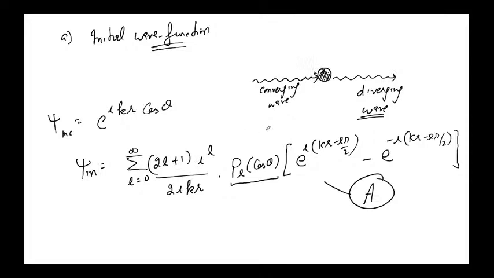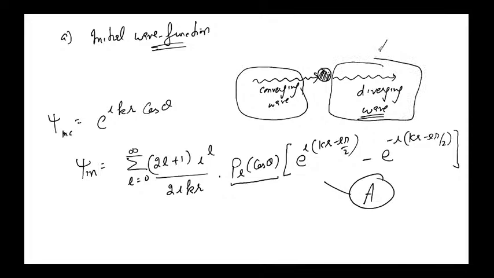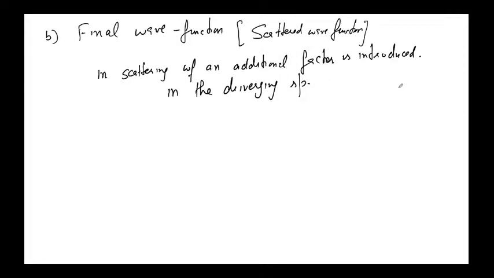The converging wave will not change, because it has not yet interacted with the proton. So in the scattering wave function, the diverging wave factor is the factor which gets changed, because now the wave has interacted with the proton or the neutron.